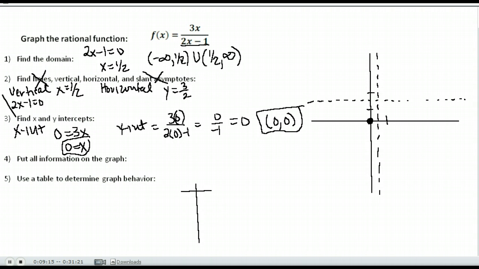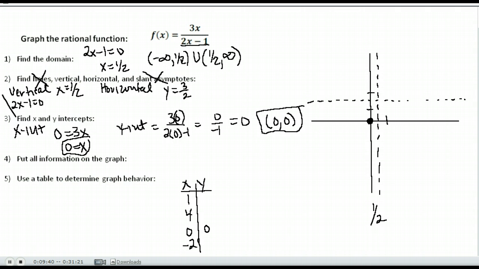Anytime you have asymptotes, you want to plug things in that are close to it so you can see what happens on each side of that asymptote. So we're going to pick x values. To the right, let's say I'll do 1 and 4. And to the left, 0 would be easy, and we already know that one. And let's say -2, just to kind of see what happens on this graph.